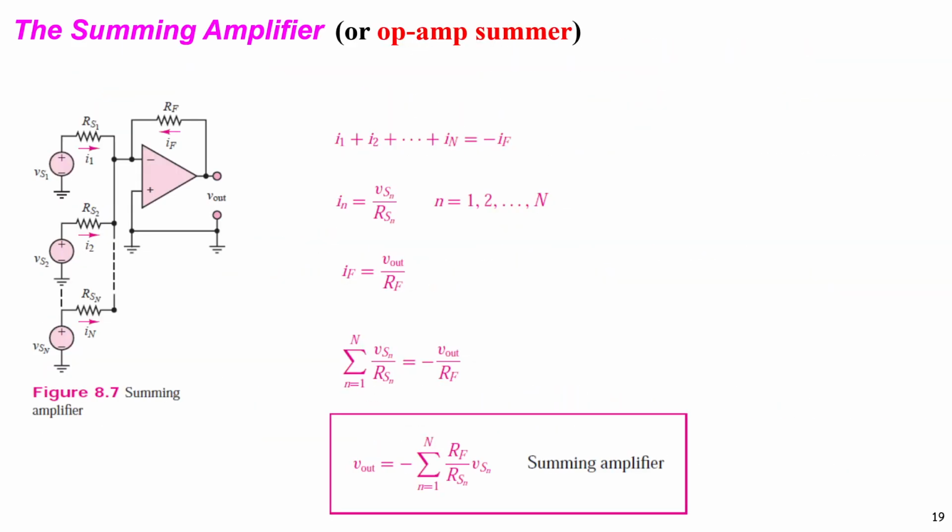Then if we connect many sources to the negative pin, again we have I in equal to zero, right? Therefore, I1 plus I2 until In plus IF will be zero.